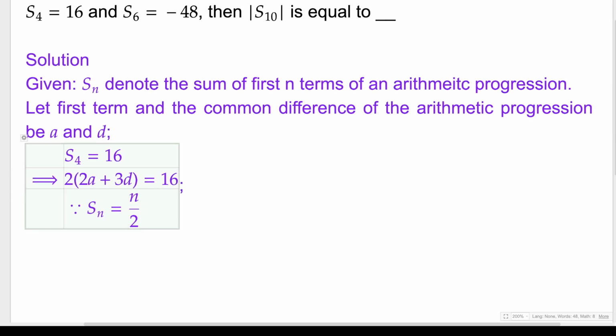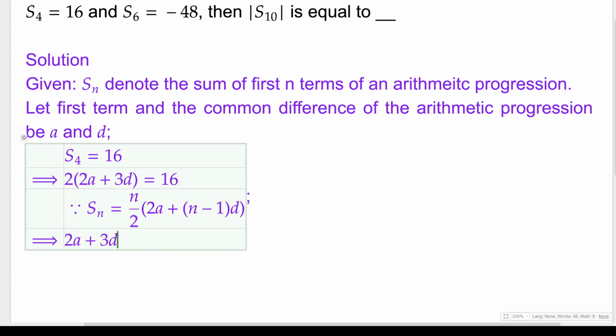The formula is n over 2 times (2a plus (n minus 1) times d). This is the formula for S subscript n. On resolving this, we can write the equation as 2a plus 3d equal to 8, and let us consider this as equation 1.